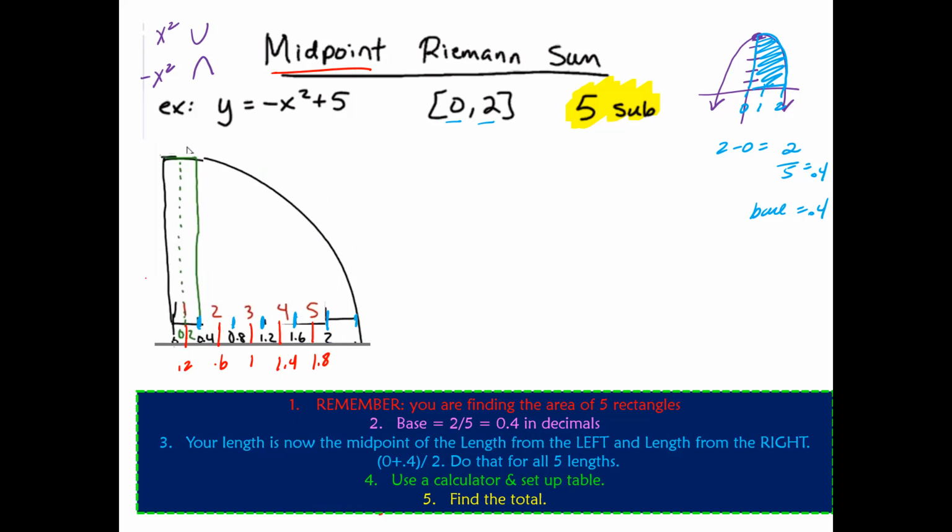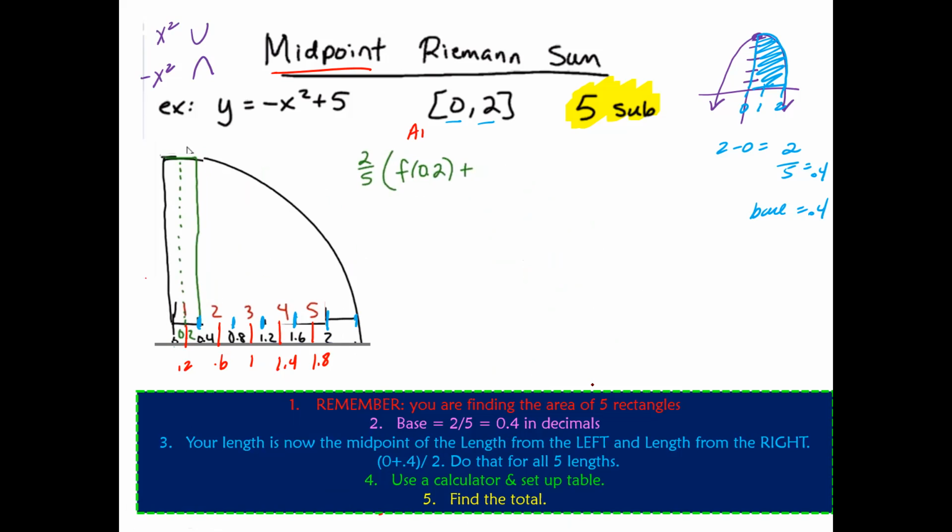So there's my first one. And then if I were to find the area of this rectangle, remember your base is going to be 0.4, but that 0.4 you're going to be multiplying to all 5 of those rectangles, okay? And that's going to be your first rectangle, so area 1. And so how do you go about finding the area of a rectangle if you're looking at the midpoint?